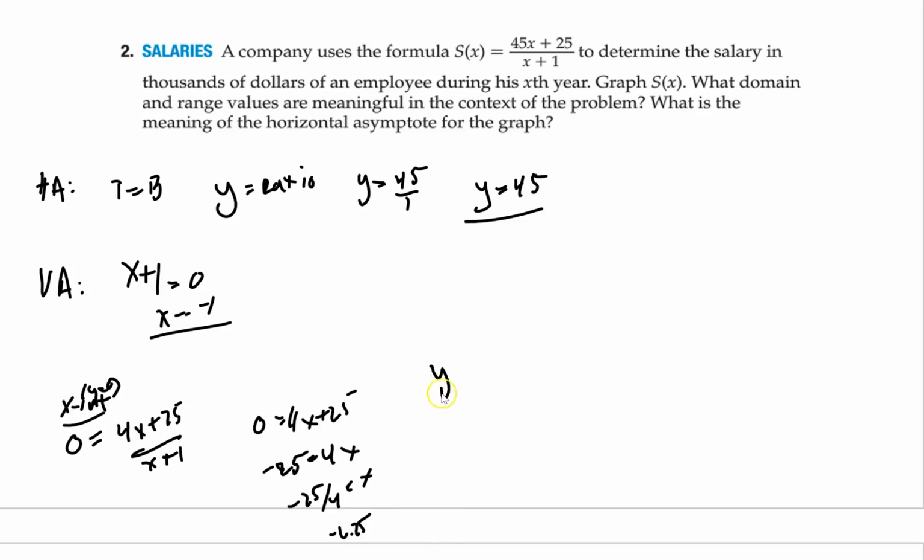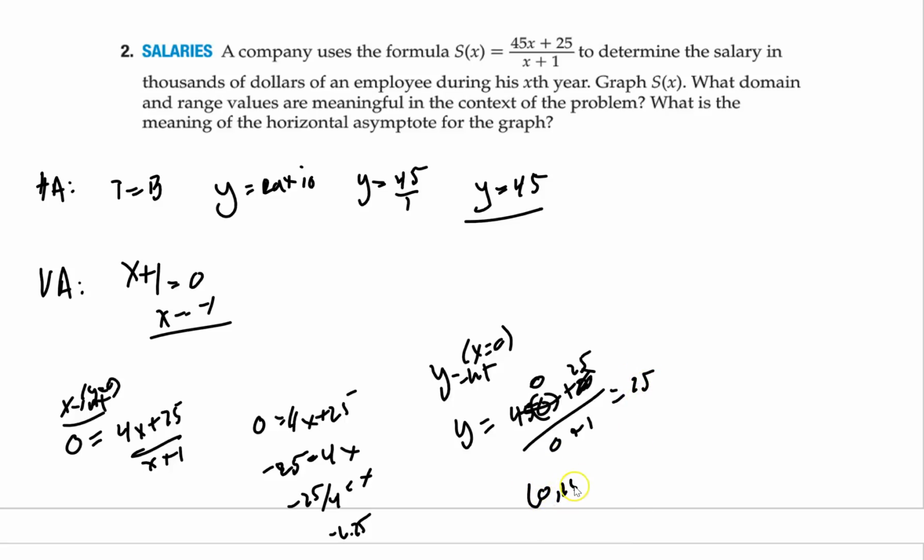The y-intercept: x equal to 0, a lot simpler. Plugging in 0, these terms are 0, that's 0, you get 25 over 1, so 25. That's my y-intercept. You want me to graph it?